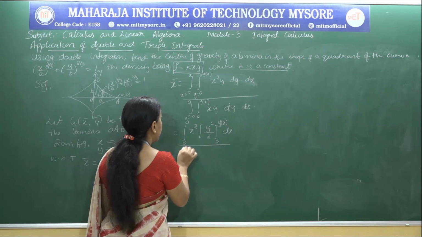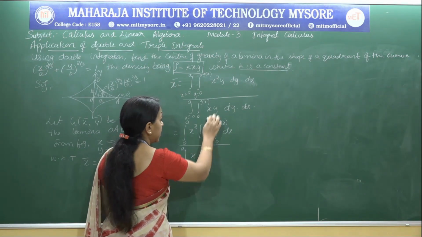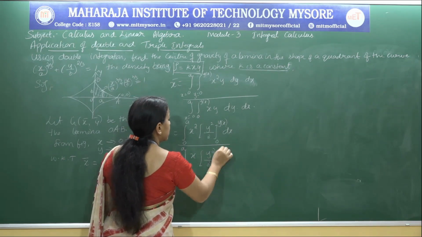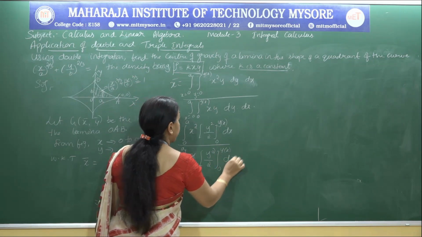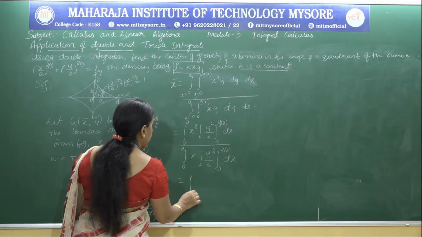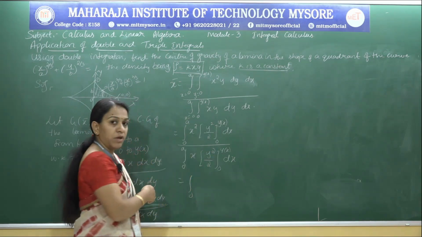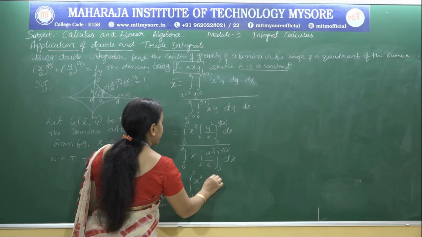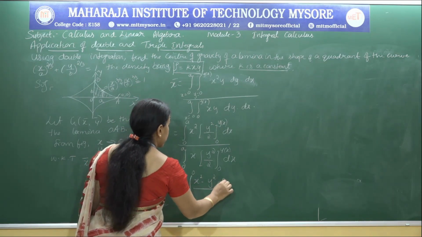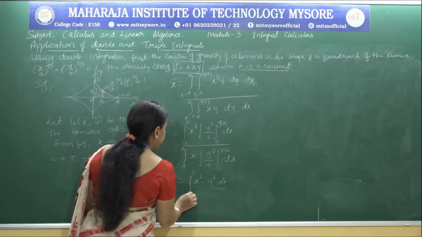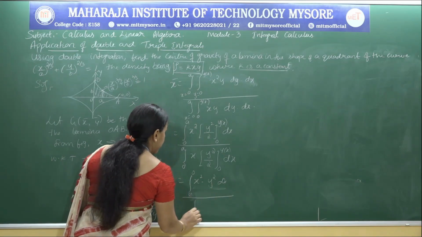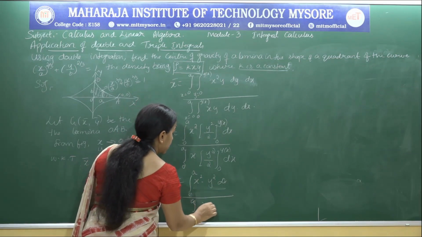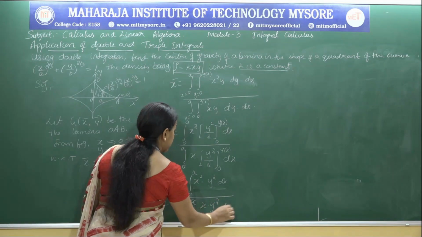Similarly, in the denominator, keeping x constant, integral of y is y square by 2 between the limits 0 to y of x, dx. If I apply the limit, we have integral 0 to a, so I can cancel 1 by 2 there, so that it is integral 0 to a x square into y square dx, whole divided by integral 0 to a, 1 by 2 gets cancelled, we remain with x into y square dx.